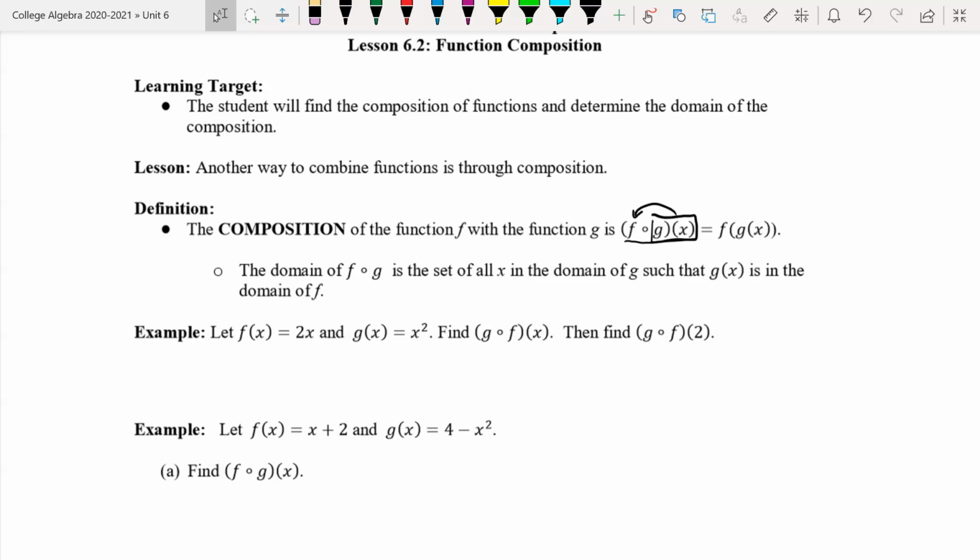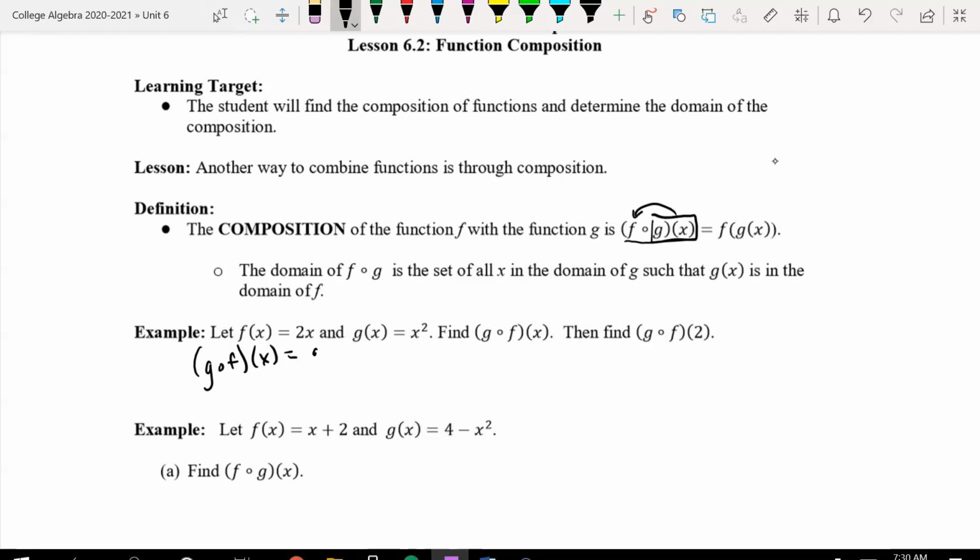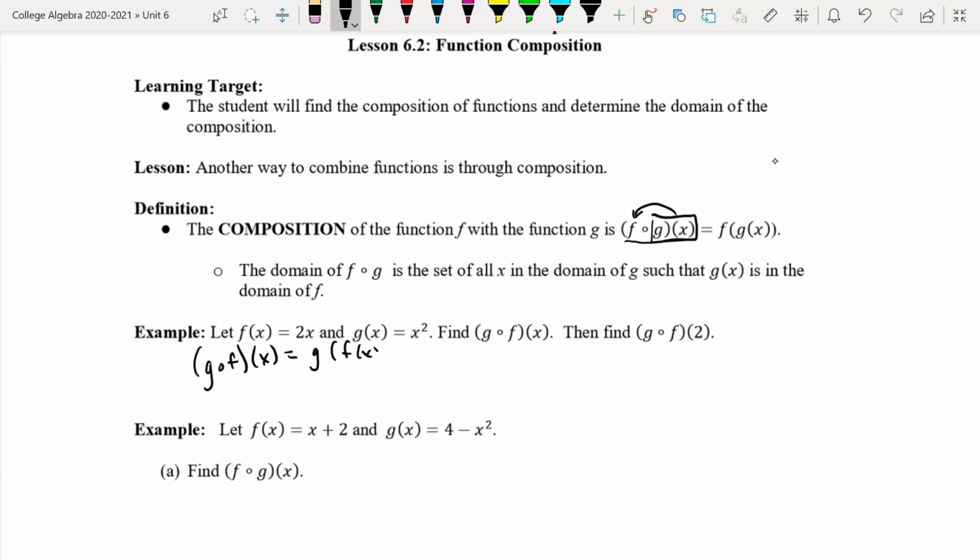So example says let f of x equal 2x and g of x equal x squared. Find g of f of x. Then find g of f of 2. So g of f of x means that I'm going to do g of f of x.